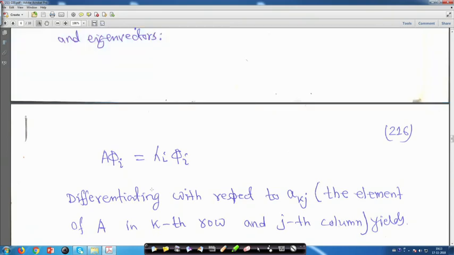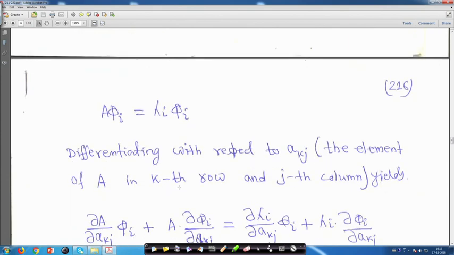So, differentiating with respect to a_kj, the element of A in the kth row and jth column. Suppose you have the matrix, now things will be clear to you.